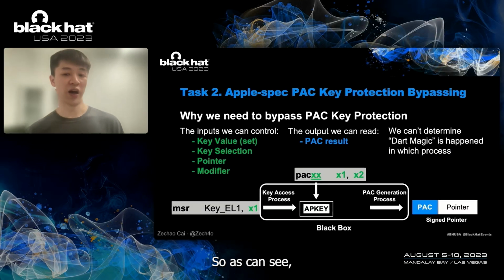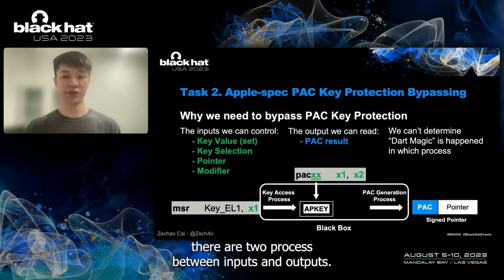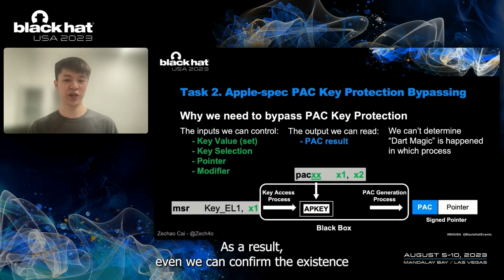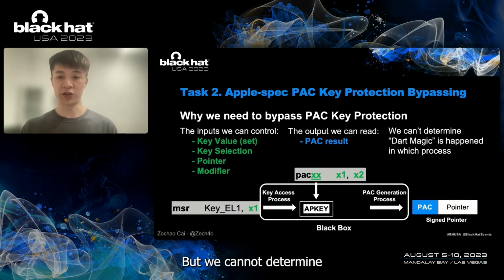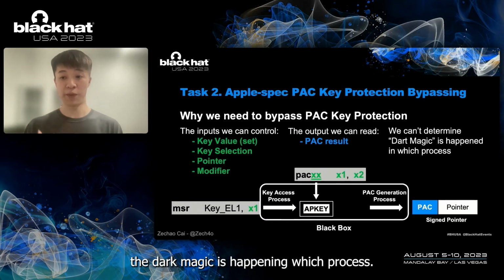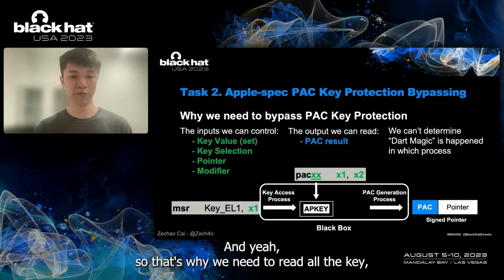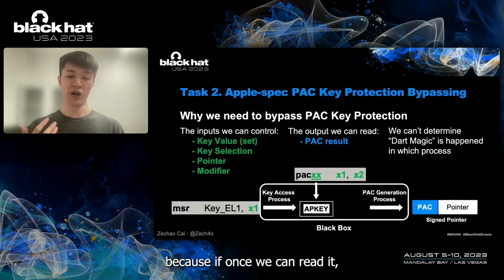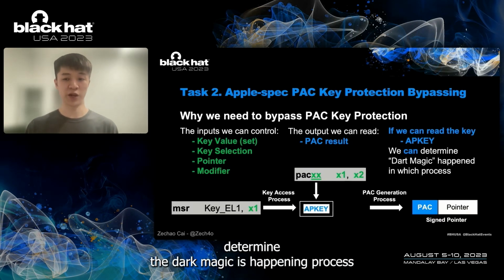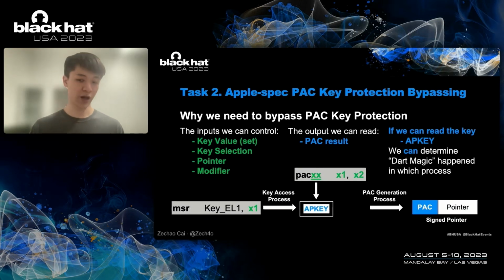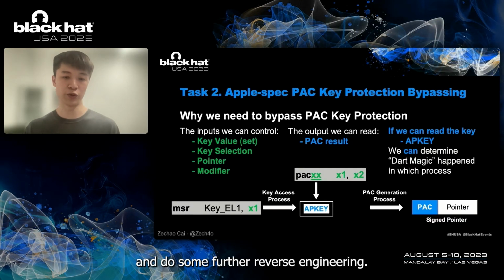So as we can see, there are 2 processes between the inputs and outputs. As a result, even if we can confirm the existence of the dark magic by reading the signature, we cannot determine in which process the dark magic is happening. That's why we need to read out the key, because once we can read it, we can determine in which process the dark magic is happening and do some further reverse engineering.